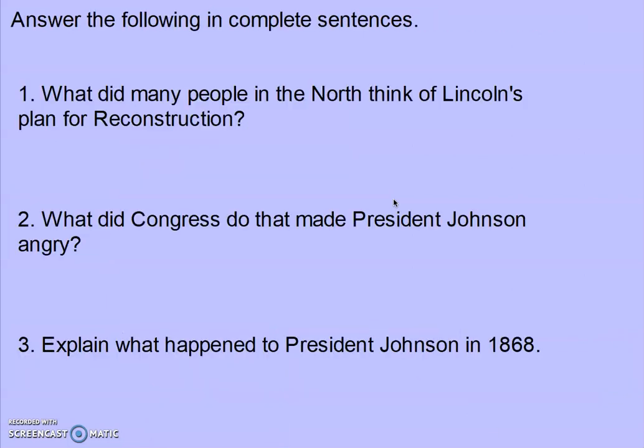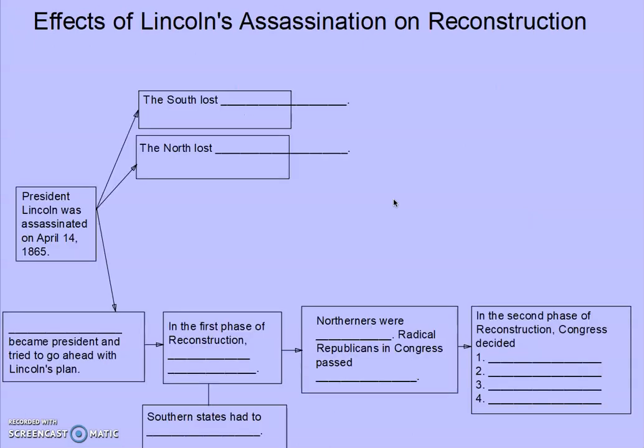Also think about these three questions. What did many people in the North think of Lincoln's plan for Reconstruction? What did Congress do that made President Johnson angry? And explain what happened to President Johnson in 1868. So if you know the answers to those three questions, and you can follow along and fill in the blanks with this chart, you will be good to go.